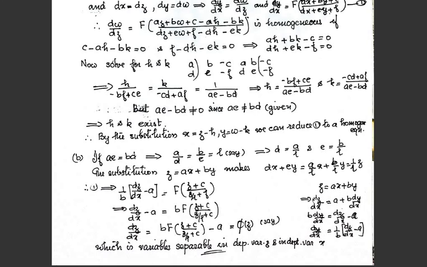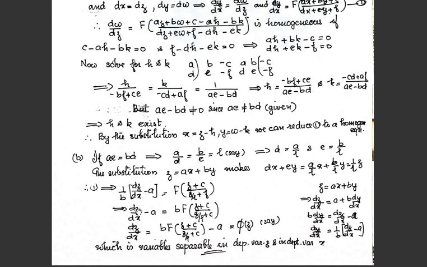z equal to ax plus by, dz by dx is a plus b dy by dx, and b dy by dx is dz by dx minus a, so dy by dx is 1 by b into (dz by dx minus a), which implies dz by dx minus a is equal to b into f of (z plus c) by (z by L plus f). So z means ax plus by, and z by L is dx plus ey from our equation number 1.